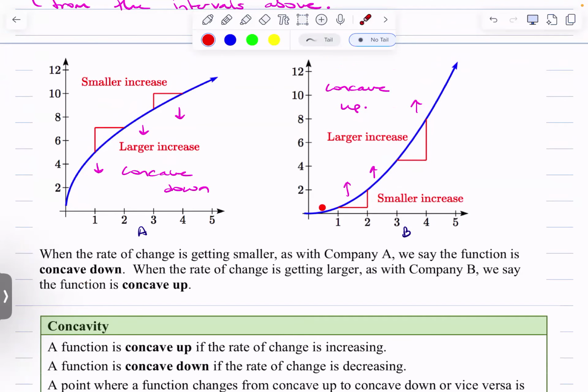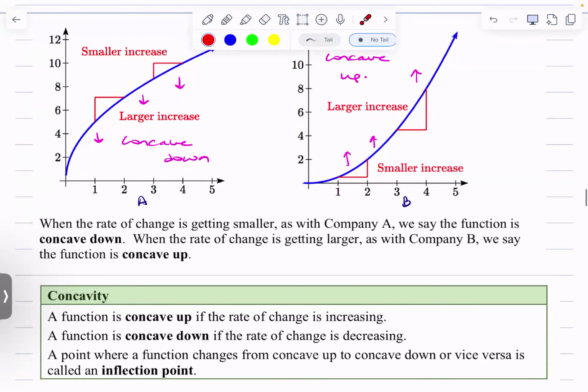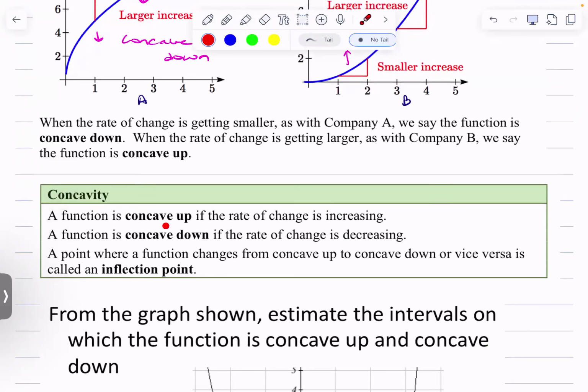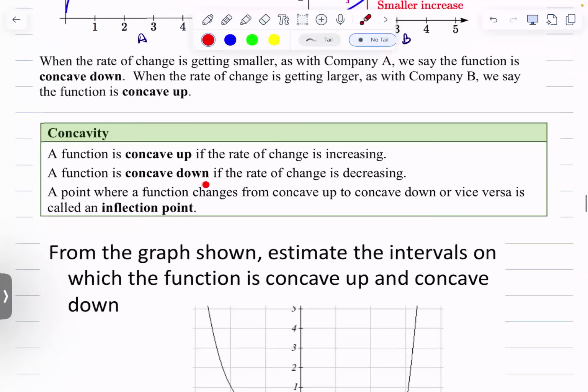And when the rate of change is getting larger, and like this, and increasing, then we say it's concave up. So a function is concave up if the rate of change is increasing. And the function is concave down if the rate of change is decreasing.